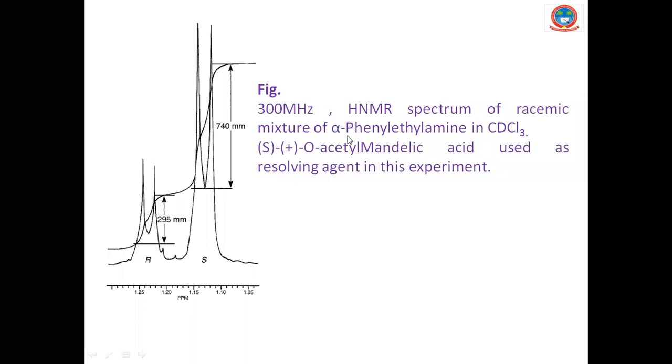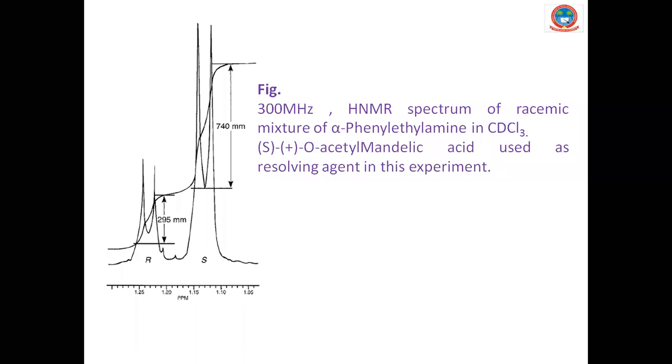So like this, we can find out the percentage of the enantiomers in a given racemic mixture by using chiral resolving agents such as O-acetyl mandelic acid in this case. So this is the concept of using chiral resolving agents in separation of peaks and identifying by integration.